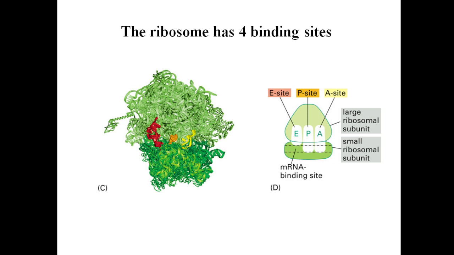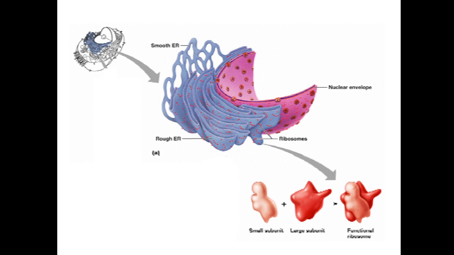They are the P site, peptidyl site, the A site, aminoacyl site, and the E site, exit site, for free tRNA after binding of the amino acid to the newborn growing polypeptide chain.